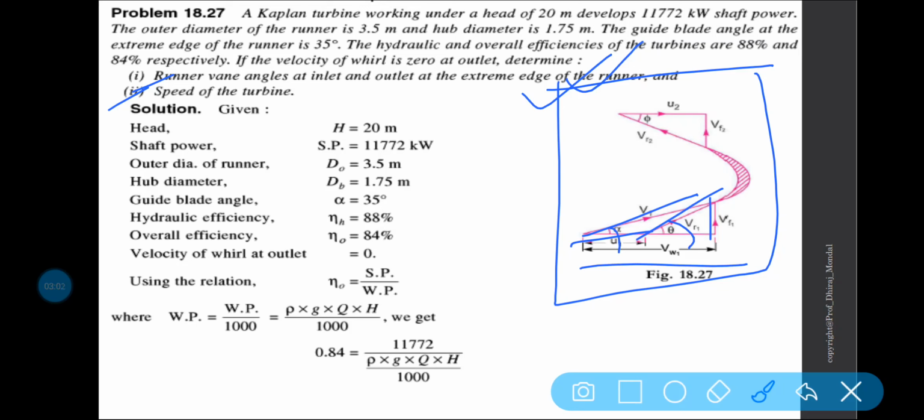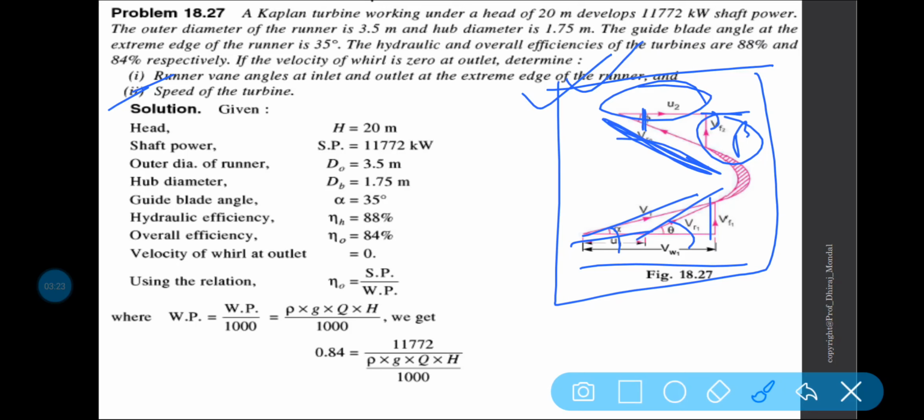As beta is 90 degree, the radial flow at outlet, the whirl velocity is 0 and this is your beta, 90 degree. So Vf2 is equal to V2, and this is your U2, this is your VR2, and this one is your phi.